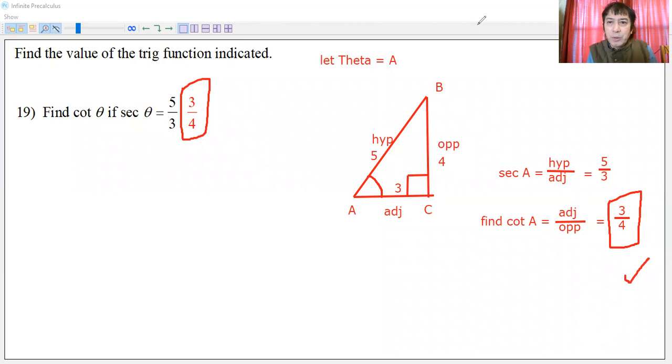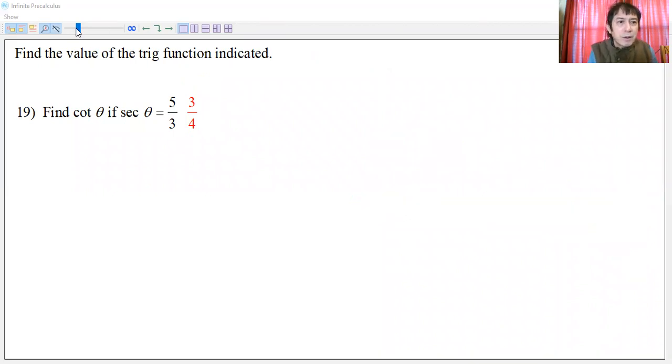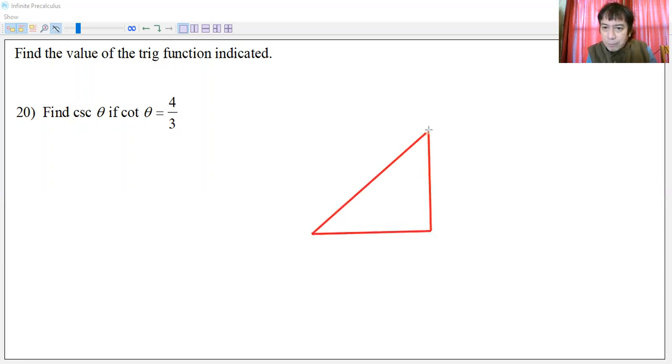For our last number, number 20, let's consider the next. Find cosecant of theta if cotangent theta is 4/3. So we will simply draw our triangle. This looks like our popular 3, 4, 5 again. So this looks like 4/3. And this is our right angle there.